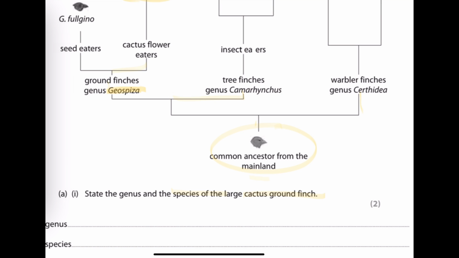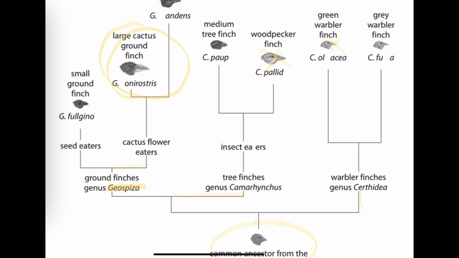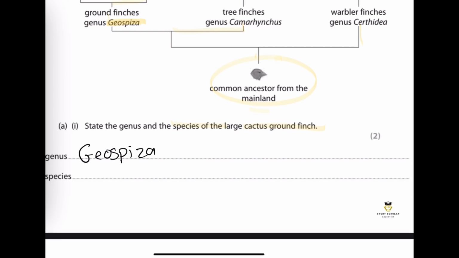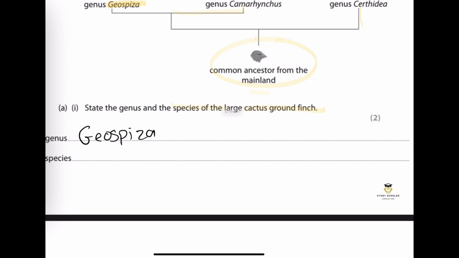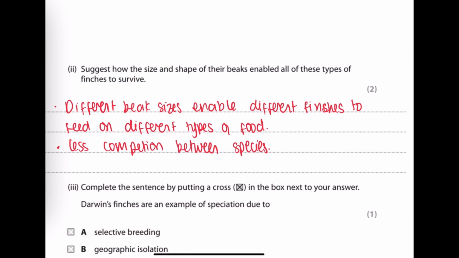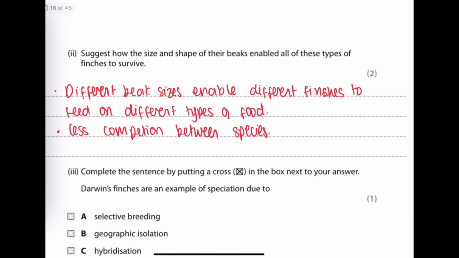So the genus is Geospiza, and the species is whatever there is once, since that's specific to them. So there's actually a C over here, but it's not shown. So it's conirostris.